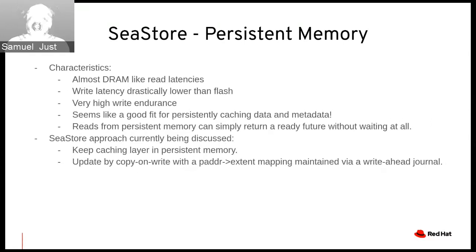So the approach that's being discussed, this is a little ways out, hopefully this year, is to keep the caching layer in persistent memory and to maintain a copy on write scatter to extent mapping maintained via the write ahead journal, so that we can rebuild the cache mapping on restart.